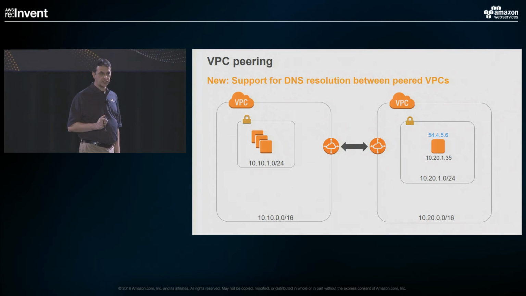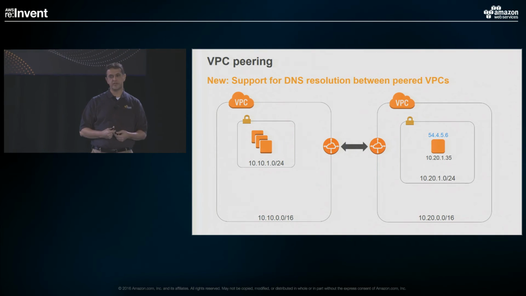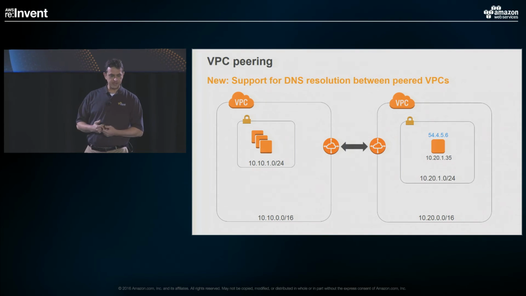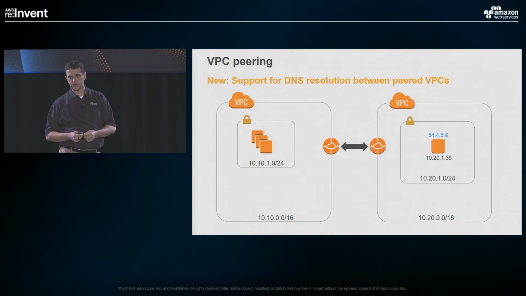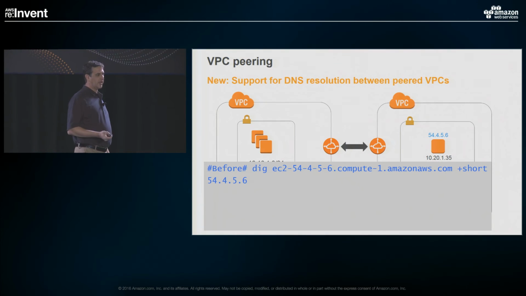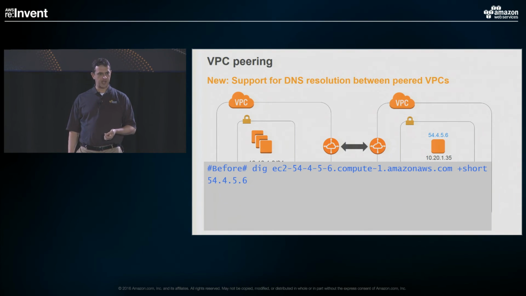Another feature that we launched in July is the ability to support DNS resolution across peered VPCs. By that, let's take an example in VPC B or the right-hand side where you have an EC2 instance with a public IP address. If it has a public IP address, it's going to have a public DNS host name. If you do a DNS lookup from the left VPC, this is before the feature was released, using the public DNS host name of the EC2 in the peered VPC, you're going to get the public IP address back.